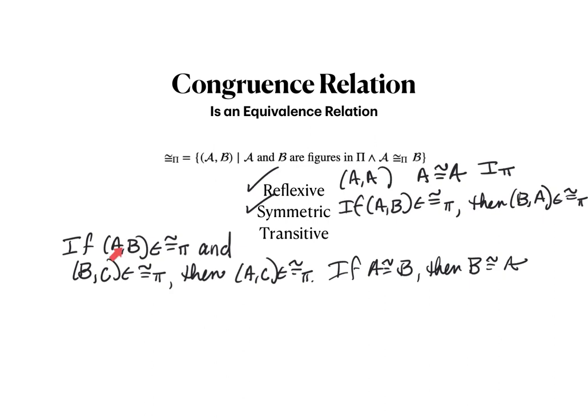If A is congruent to B, that means that there is an isometry that will map A to B. If B is congruent to C, there's an isometry that will map B to C. Therefore, there must be an isometry that will map A to C. All I have to do is compose these and reflect the same way I would to get to B, and then continue my line reflections to get to C. So the congruence relation is an equivalence relation because it's reflexive, it's symmetric, and it is transitive.